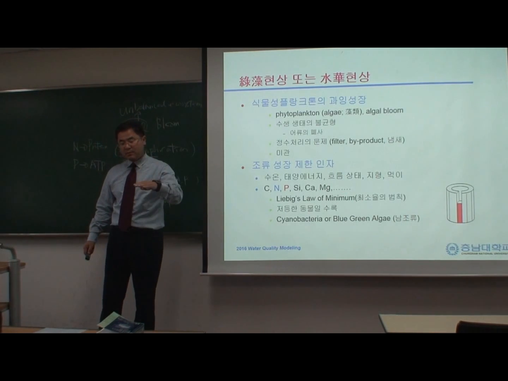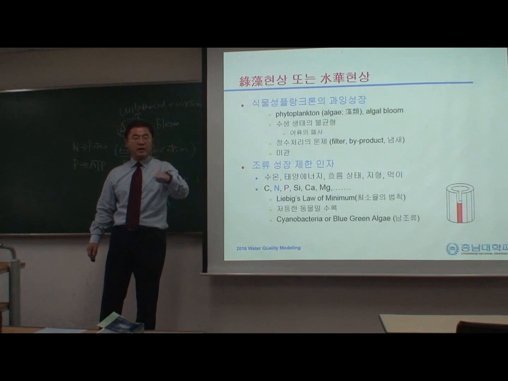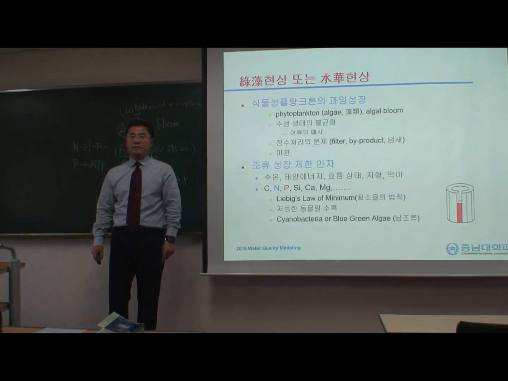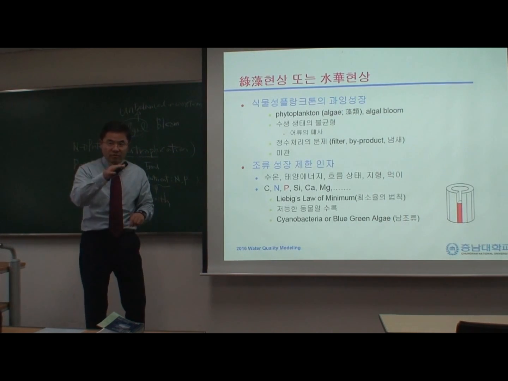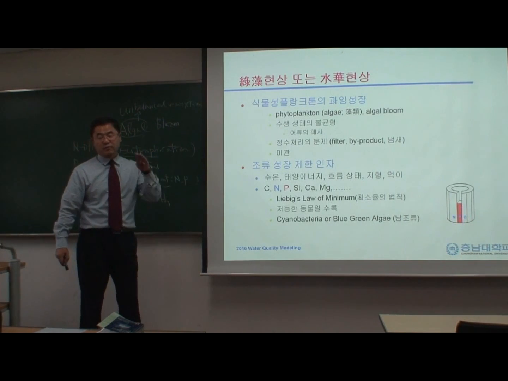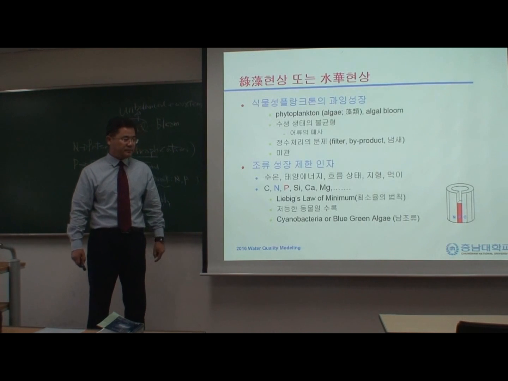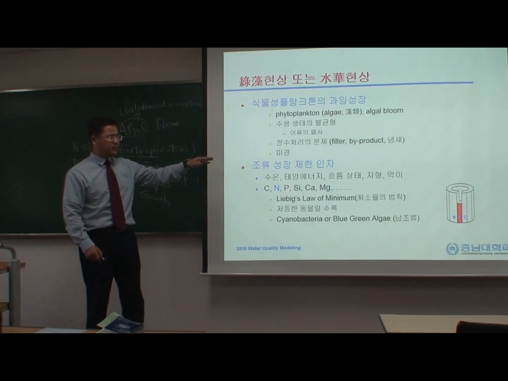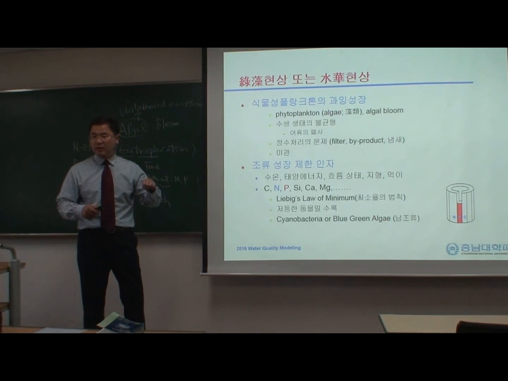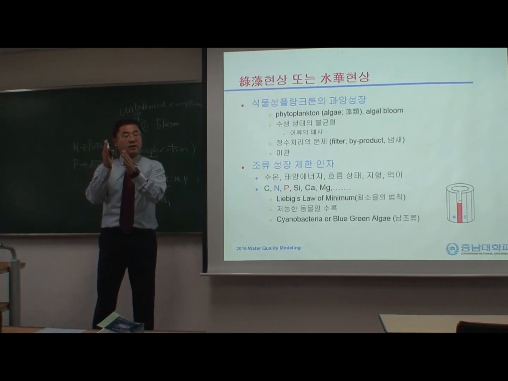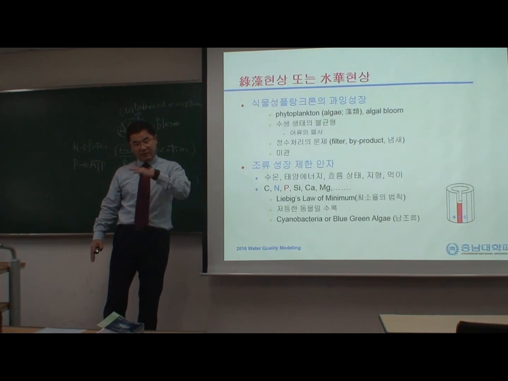The minimum element will limit your growth, will control your growth. That's the rule. So in this case, if phytoplankton is small, then we need that. We apply that principle to control algae, because if we eliminate phosphorus, then we can make them grow less, right?